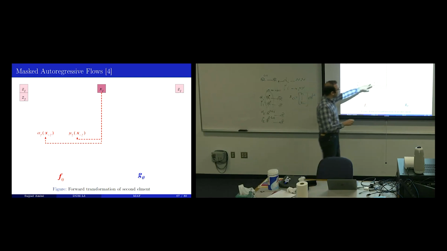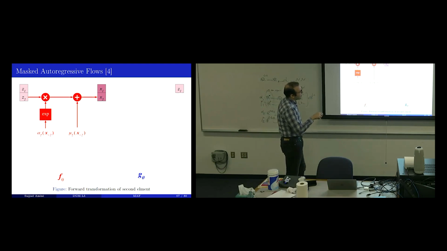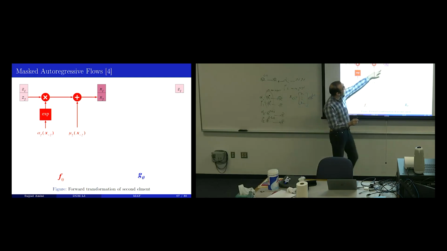But pay attention that these are the result of x1 input to the neural network. So then what happened? I use the resulting values to first scale z2 using this line, and also add an offset to the result and generate x2. So this is the forward transformation for the second element, and we know that this forward transformation is a function of the first element we previously generated.